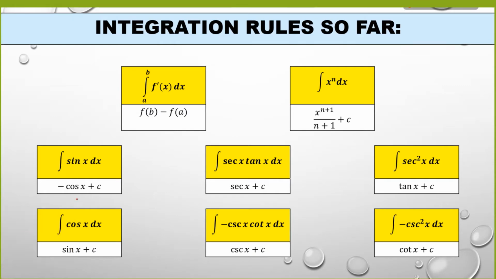Okay, so these are all of our integration rules so far. This first one is called the first fundamental theorem of calculus, which is our general rule for integration.